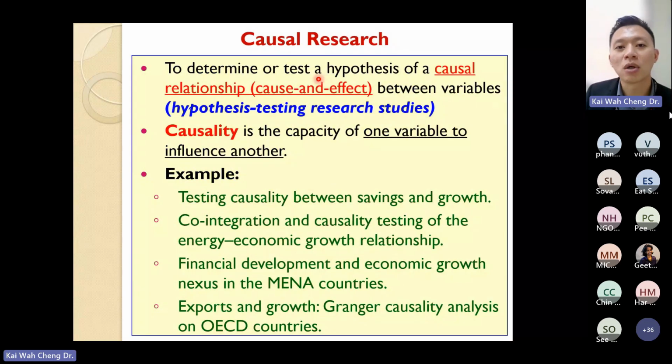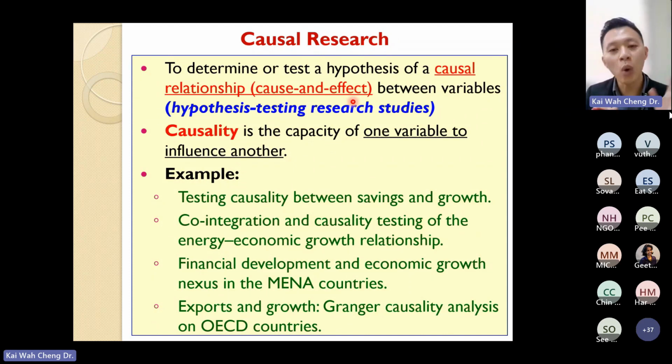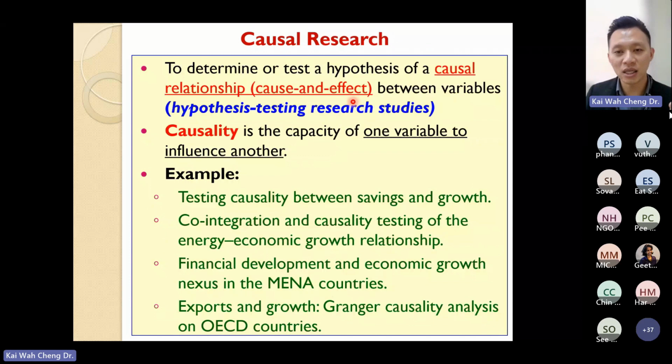And we have one more, causal research. Causal means cause and effect. That means, for example, you are going to identify the significant relationship between one IV and one DV.